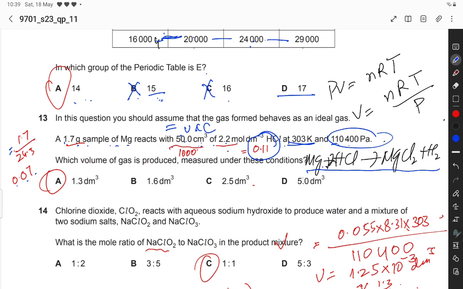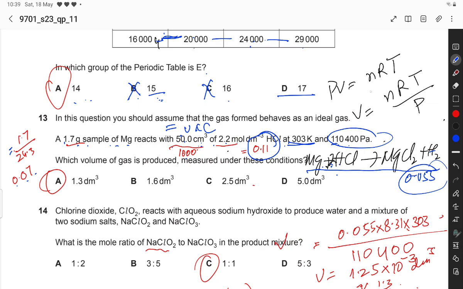So here is 1 mole and 0.1 mole. So Mg to HCl is 1:2, and HCl is the limiting reactant and magnesium is in excess, because for 1 mole it is 0.07 mole, and for 2 mole 0.11, which gives 0.0555. So this is the mole of hydrogen gas.